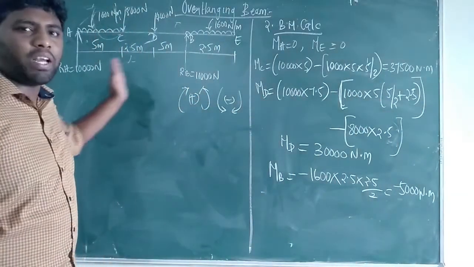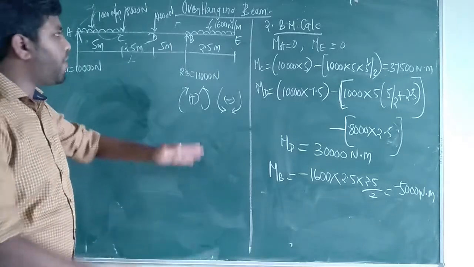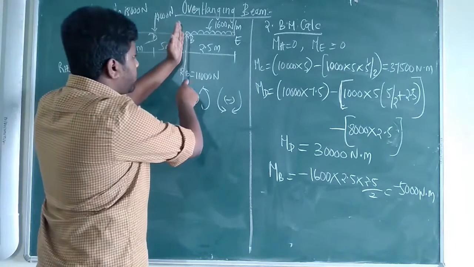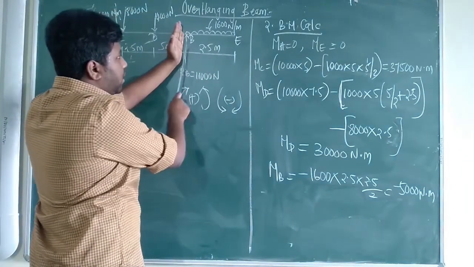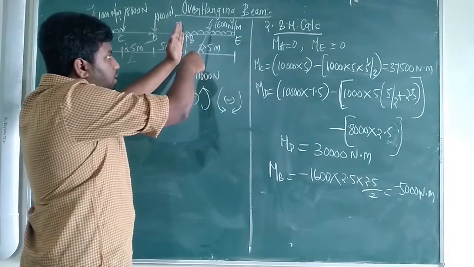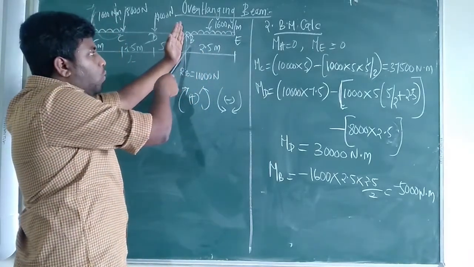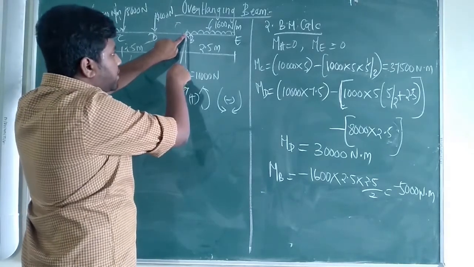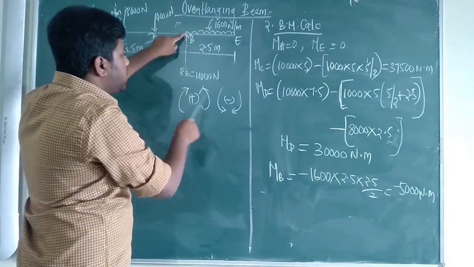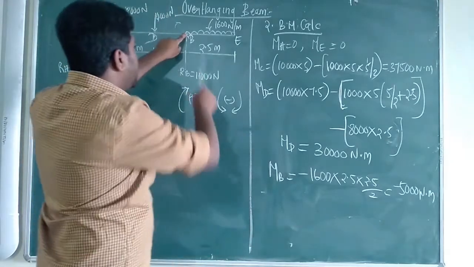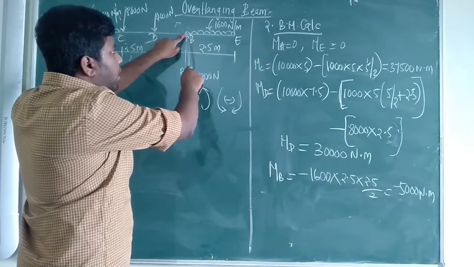But instead of going through all the sections, here I have simply taken the right of the section. So only this section I am considering. From the right, again the bending moment is in downward direction. From the right of the section means at this point I am considering. In this point, this upward reaction will not make any bending in this entire section. So what is the remaining load?